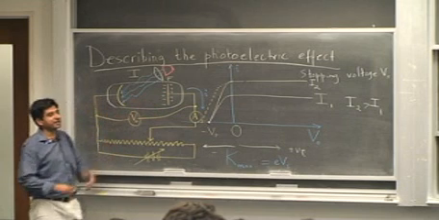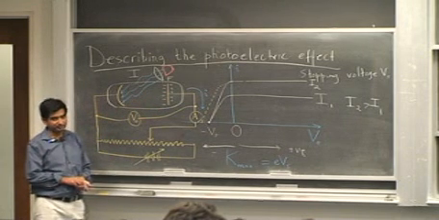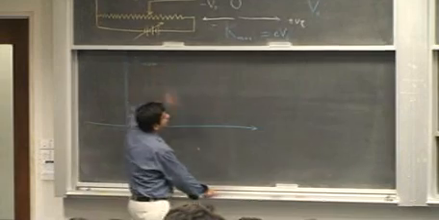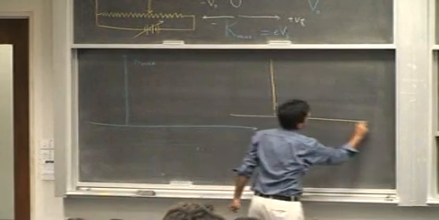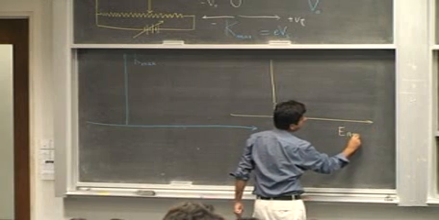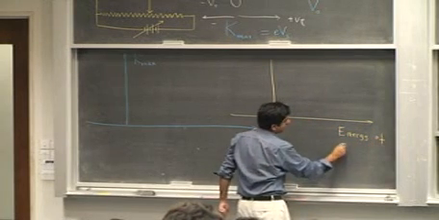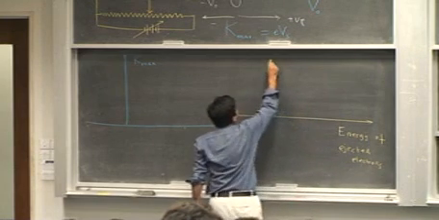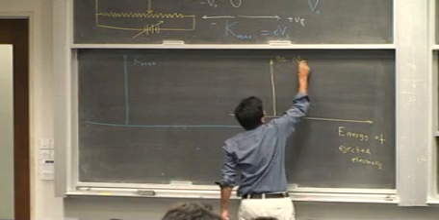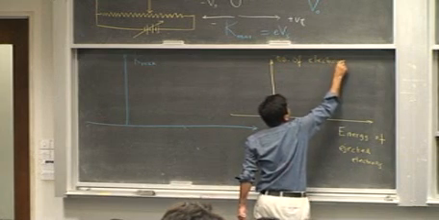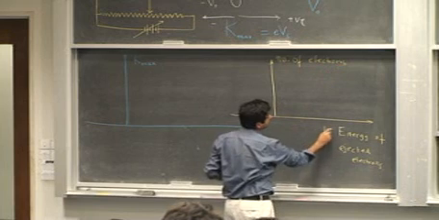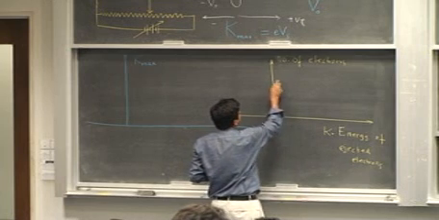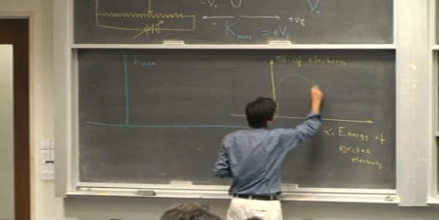So there are electrons that are being ejected, and all of them do not have the same energy. If I plot the energy of the ejected electrons here, and here I plot the number of electrons with a certain energy, and all of this energy, by the way, is kinetic energy, then the curve looks like this.